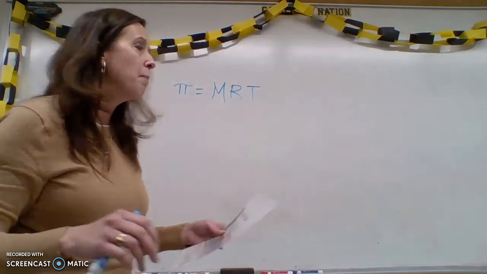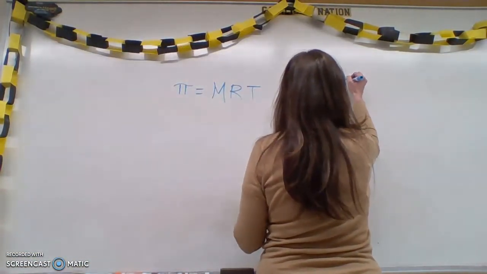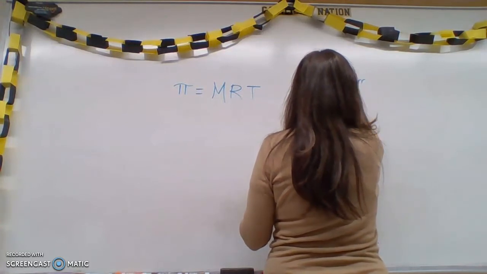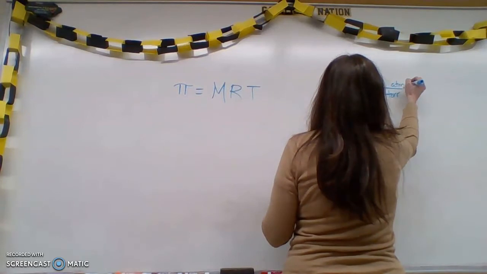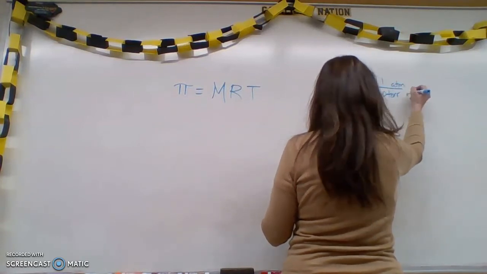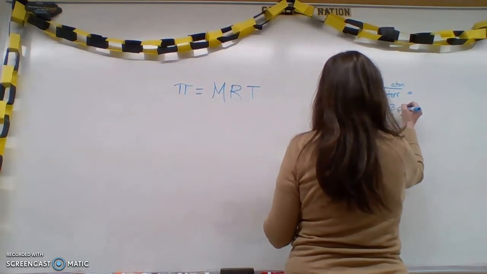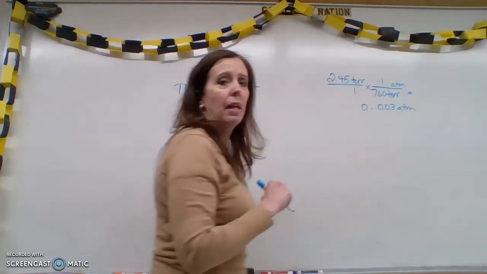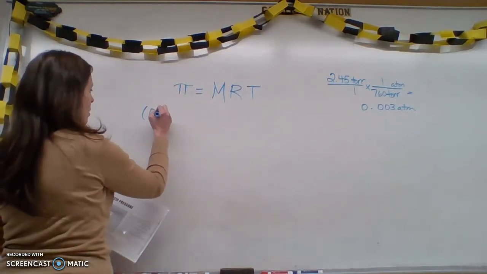It has to be in atmospheres for this problem. So probably one of the first things I'm going to do is go ahead and convert that pressure. And I know that 1 atm gets 760 torr. So that pressure is going to be about that many atmospheres.